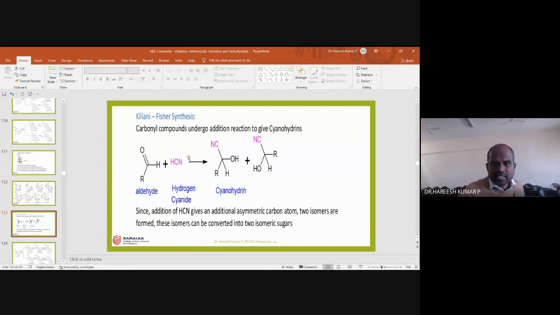So here what am I taking? I am taking an aldehyde. An aldehyde, it is treated with hydrogen cyanide. So what is happening? There is an addition reaction. Hydrogen will form a bond with the oxygen, and CN minus will form a bond with the electron deficient carbonyl carbon. So here there are two possibilities. Suppose CN is attacking from this side.